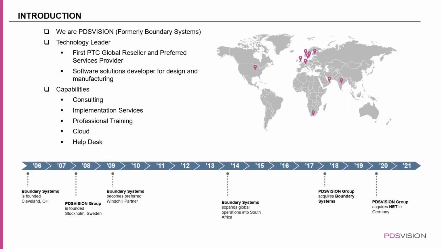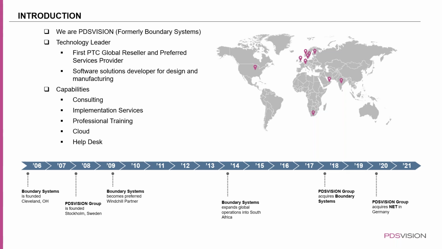So let's look at a brief timeline of Boundary Systems and PDSVISION. Boundary Systems was founded in Cleveland, Ohio in the year 2006. And 2 years after that, the PDSVISION group was founded in Stockholm, Sweden. In 2009, Boundary Systems became preferred Windchill partner.